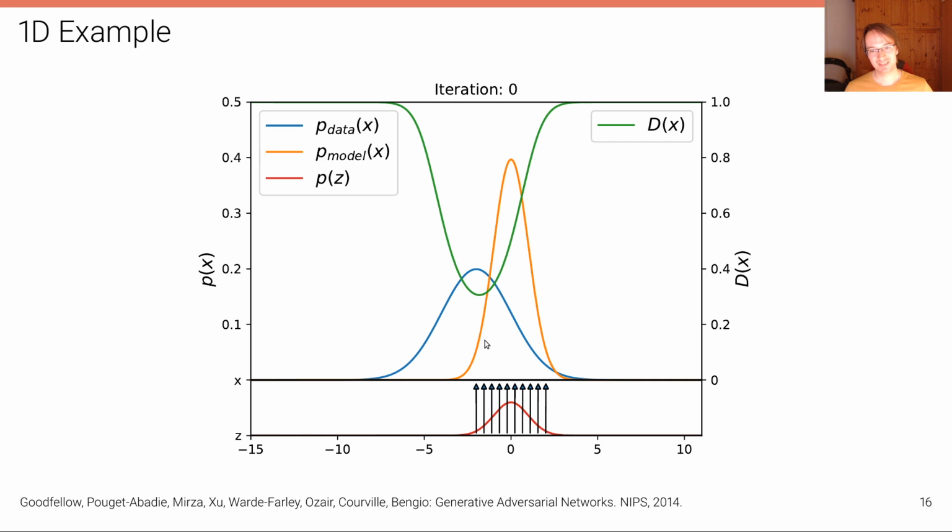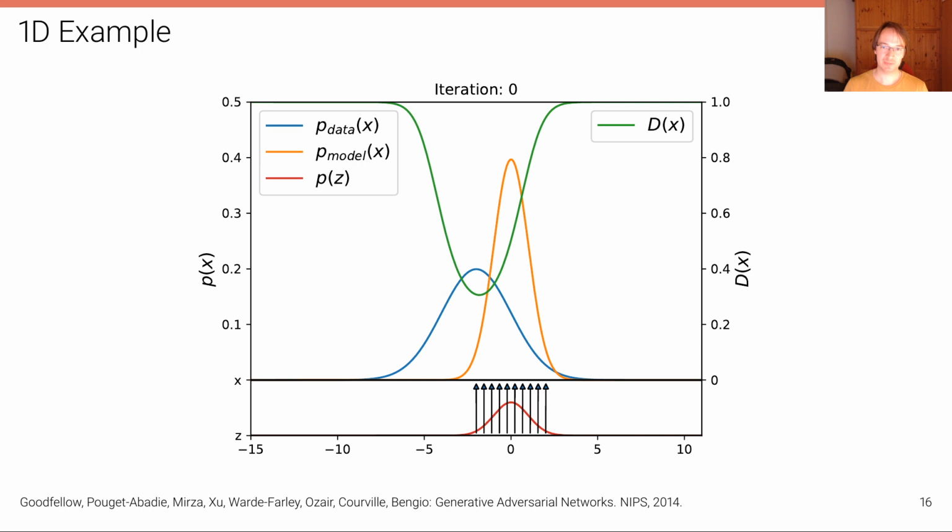What's easy to see in this initial iteration, and this is indicated here by these arrows, is that the generator is the identity. So these arrows indicate the deterministic mapping that's represented by the generator that goes from the latent space on this axis, this is the z space, to the observation space x.